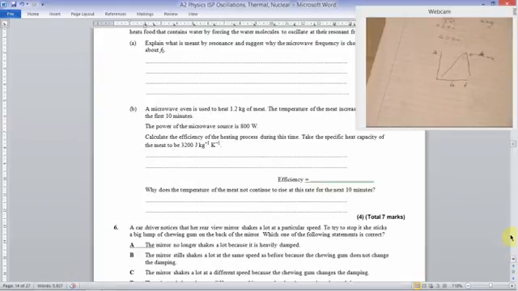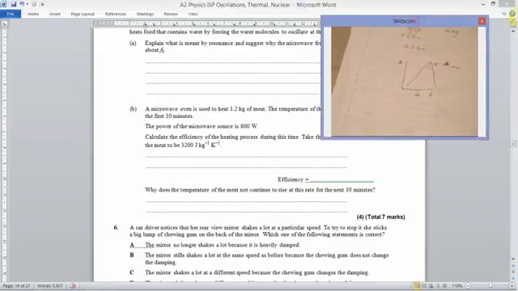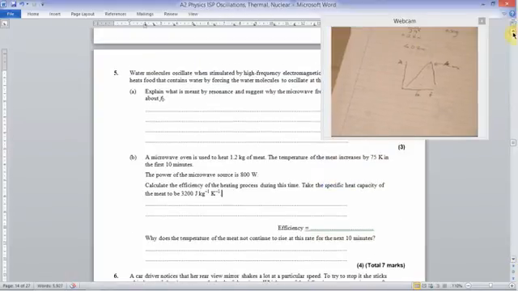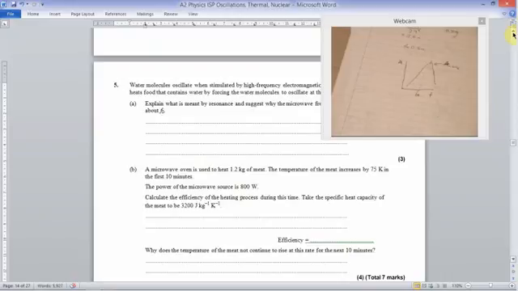So we've got a few ideas here about efficiency of heating meat. A microwave oven is used to heat 1.2 kilograms of meat. The temperature of the meat increases by 75 degrees in the first 10 minutes. The power of the microwave is 800 watts. Calculate the efficiency of the heating process during this time.